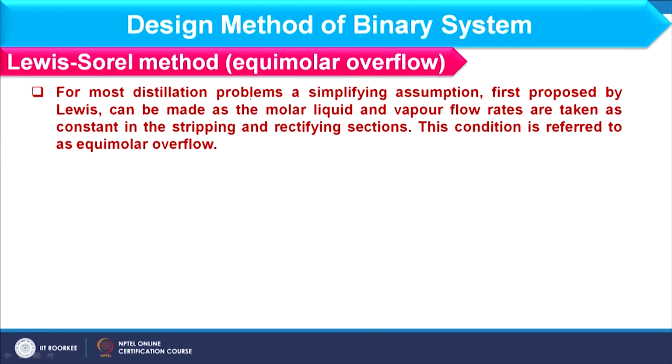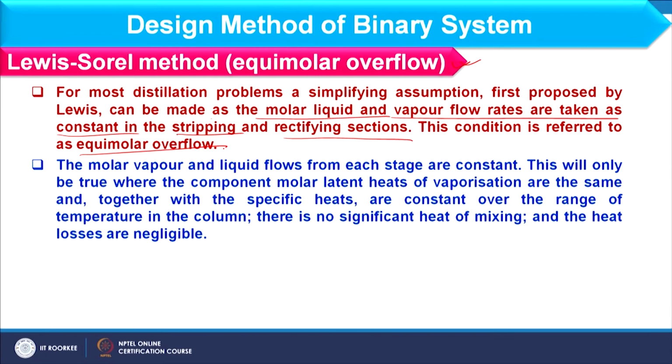So, the complete method we call the Lewis-Sorel method, and here the assumption is that molar liquid and vapor flow rates are taken as constant in the stripping section and rectifying section, and this condition we consider as equimolar overflow.